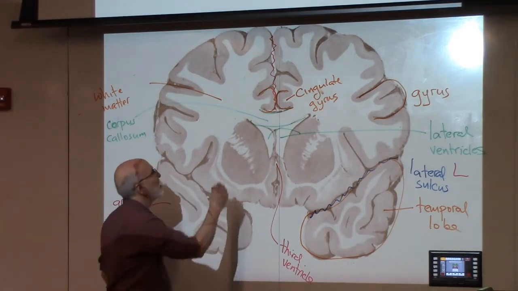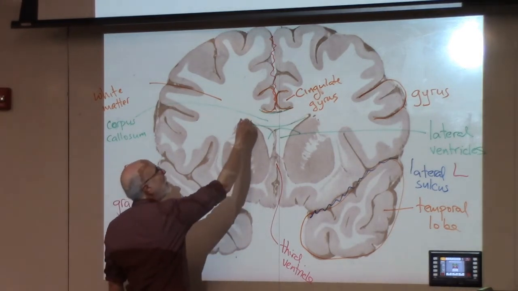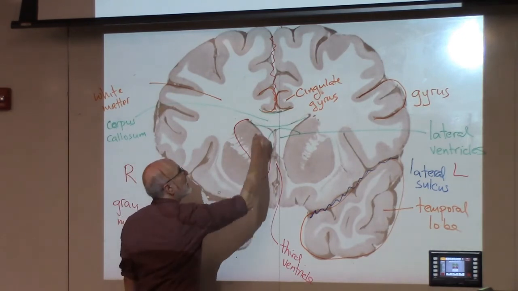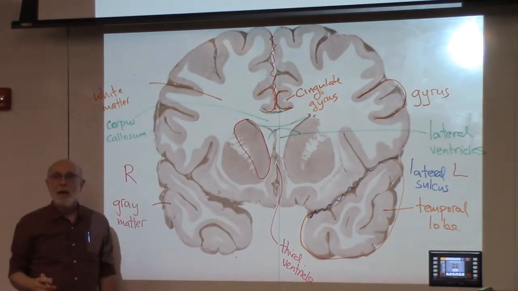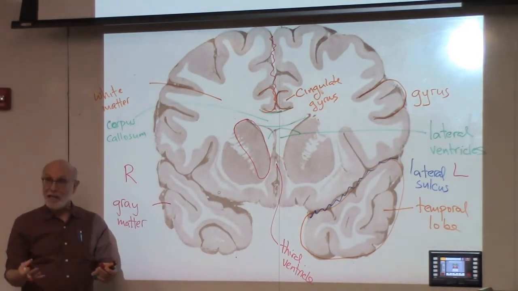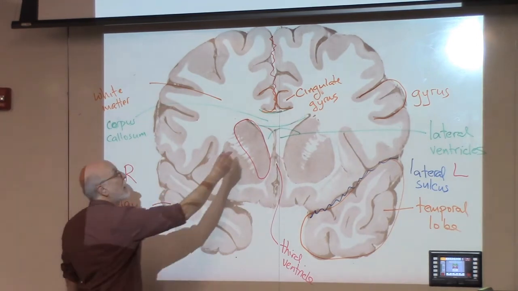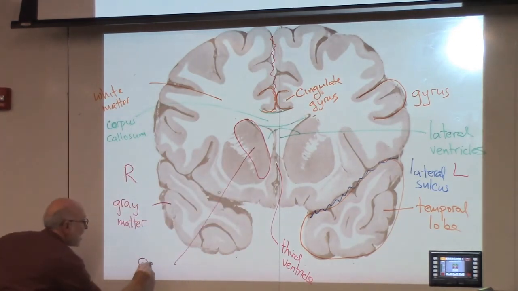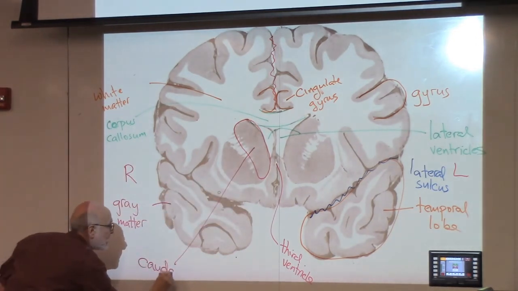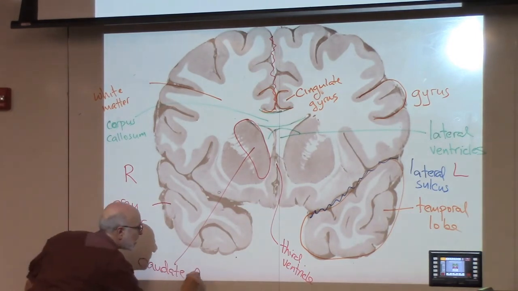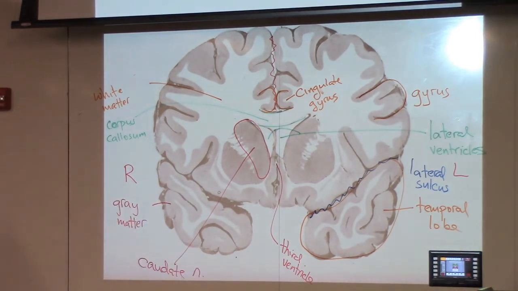Okay, let me tell you what these are. Joey thought that maybe this was the thalamus, but we're too far forward for the thalamus. This is where the thalamus is going to be when we move back. We are anterior to the thalamus, and this is called the caudate nucleus, and it's going to be important in the motor system.